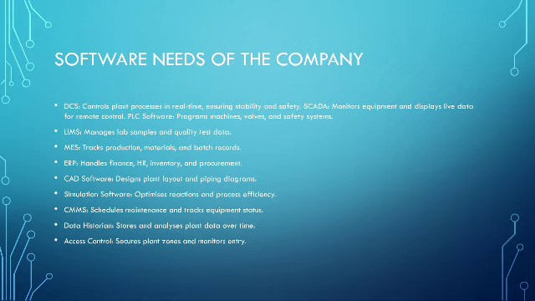CAD software, which designs plant layouts and piping diagrams. Simulation software, which optimizes reactions and process efficiency. CMMS, which schedules maintenance and tracks equipment status. Data historian, which stores and analyzes plant data over time. Then access control, which secures plant zones and monitors entry.